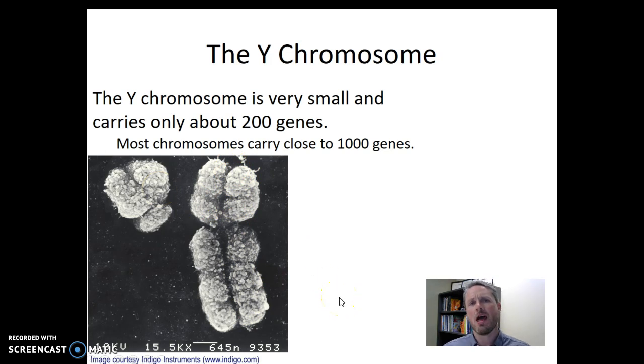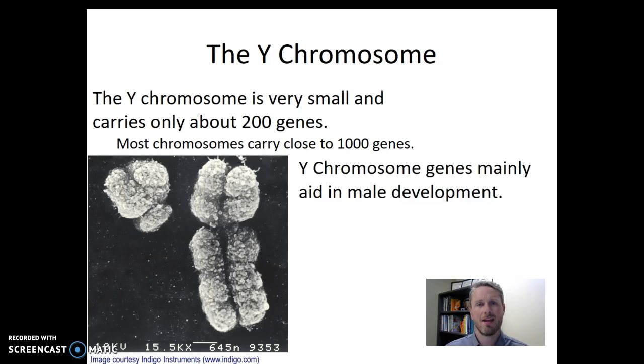Remember, no female ever has the Y chromosome, and I think we can use that to learn something about it: the Y chromosome serves a very specific purpose. The Y chromosome genes mainly aid in male development. So this small chromosome helps males develop as male, but other than that, it's not really necessary. We know it's not necessary because females never have it.